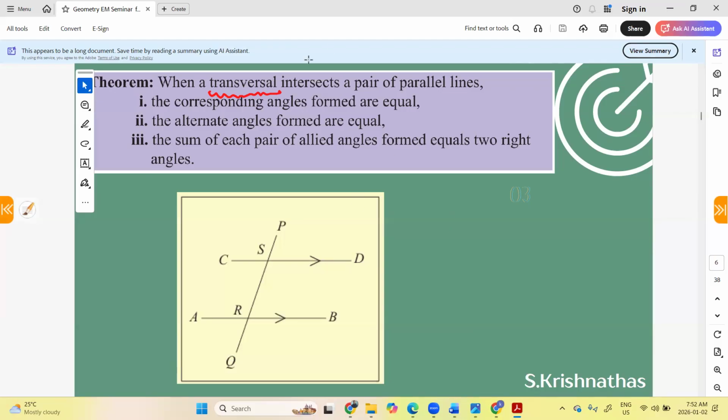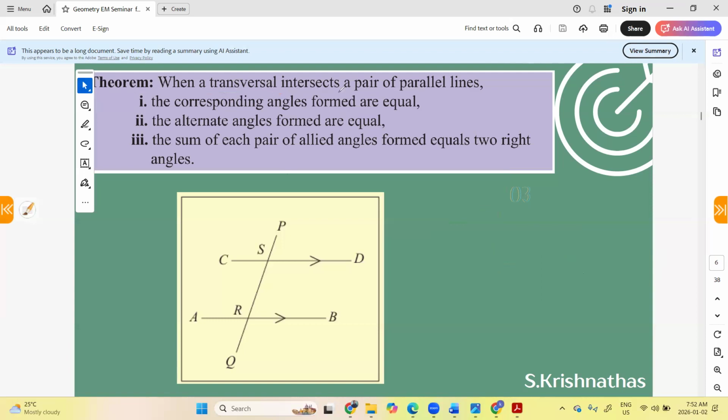Okay, students, if a straight line meets two or more straight lines, this straight line is called a transversal. Okay, this is the basic theorem, students, in grade 9. So that is a transversal.